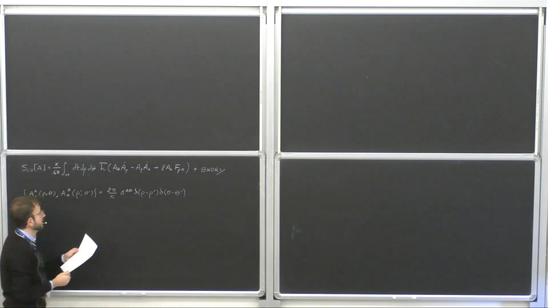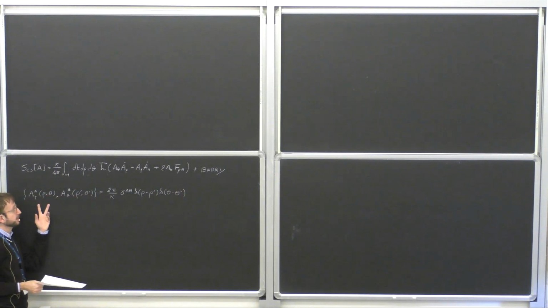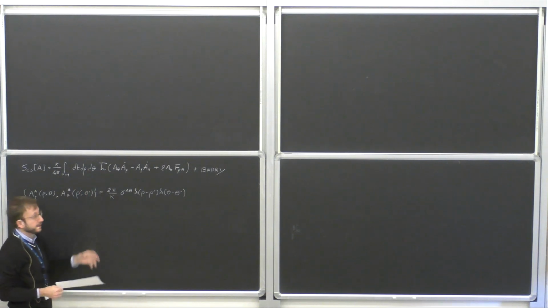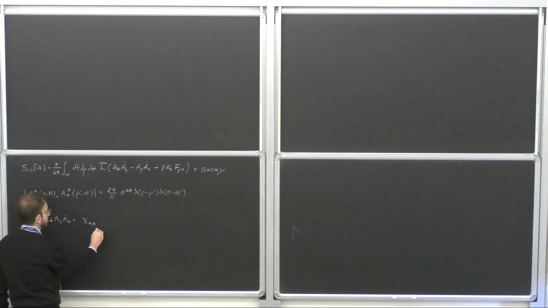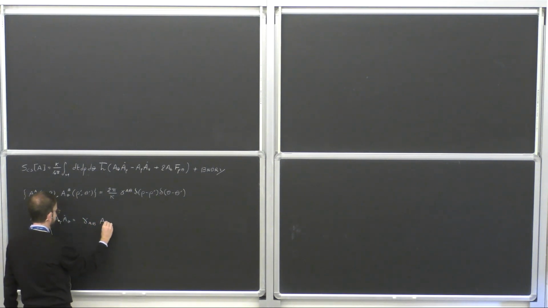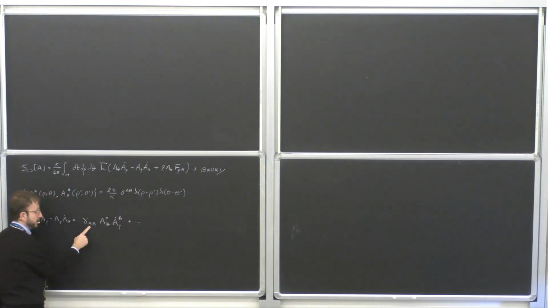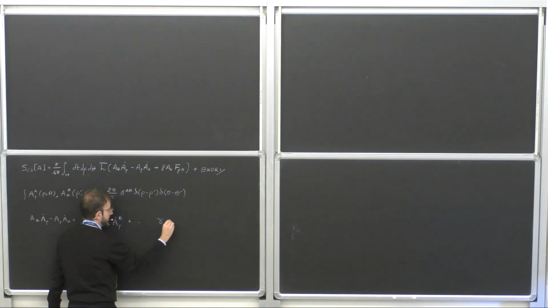Just to recall, where is this formula coming from? Just the fact that here there is a trace. And the fact that I have a trace means that the term A_theta rho dot minus A_rho theta dot is something that I can write in the form gamma_ab A_theta^a, sorry, theta rho b plus and so on, where this gamma_ab is just the Killing metric.